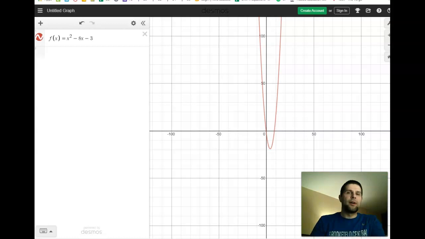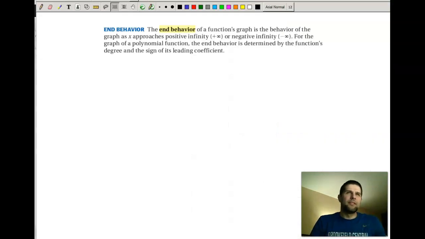Okay, so let's go back to our notes. So this is just basically straight from the textbook, and there's some notation that we want to get used to. So the end behavior of a function's graph is the behavior of the graph as x approaches positive infinity, or just goes to the right, or negative infinity, or as x gets really large in the negative direction.